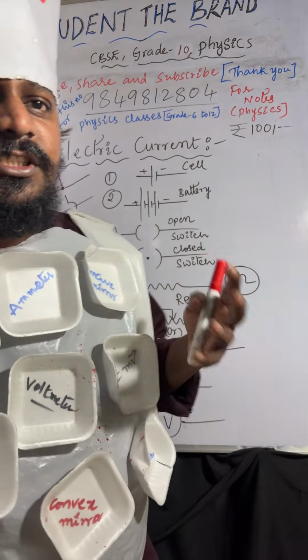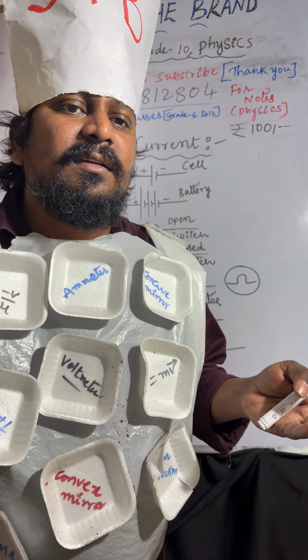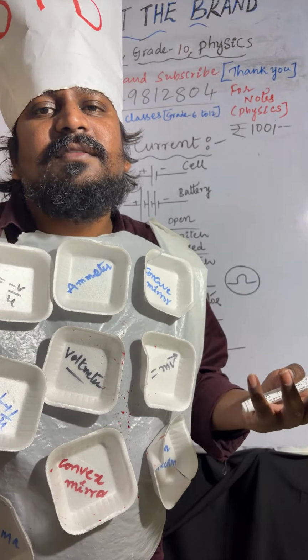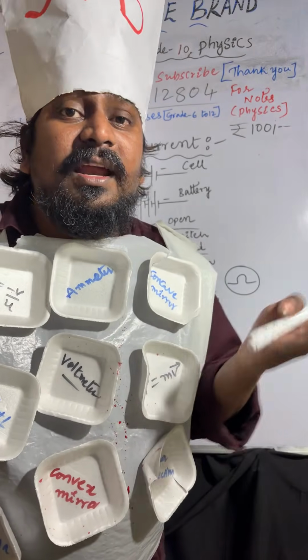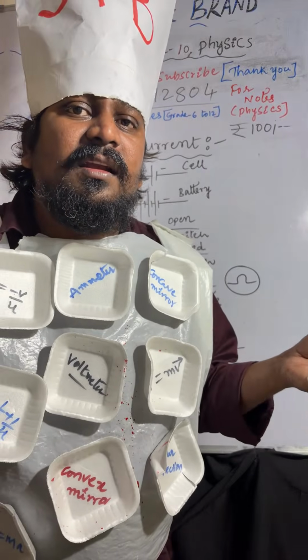Coming to the next one, rheostat. A resistor is a device which is used to oppose the electric current.